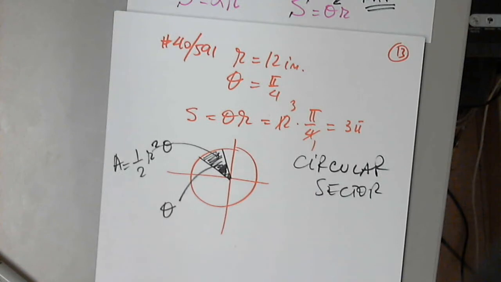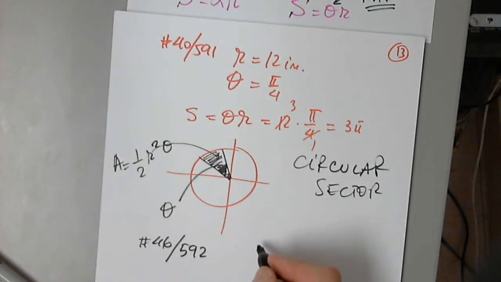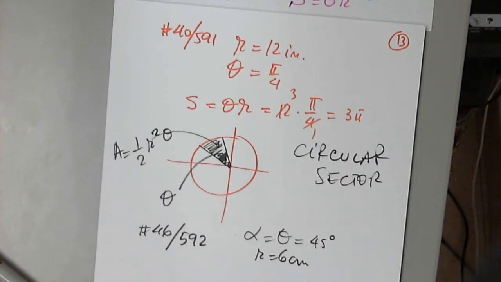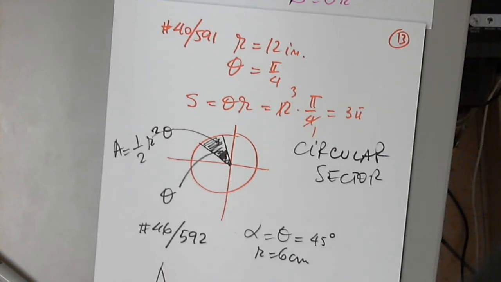So 46, page 592. We are told that the angle, alpha, theta, it doesn't matter, is 45 degrees, and a radius of 6 centimeters. We're asked to find the area of that circular sector.